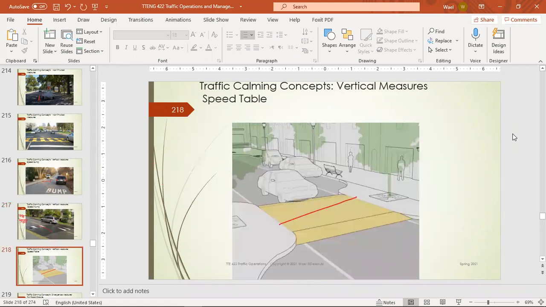This is a speed table, and it's a speed table and raised pedestrian crossing in the middle. And as you can see, there are bulb outs. So here we have an integration between bulb out, speed table, raised pedestrian crossing, all together in one location.